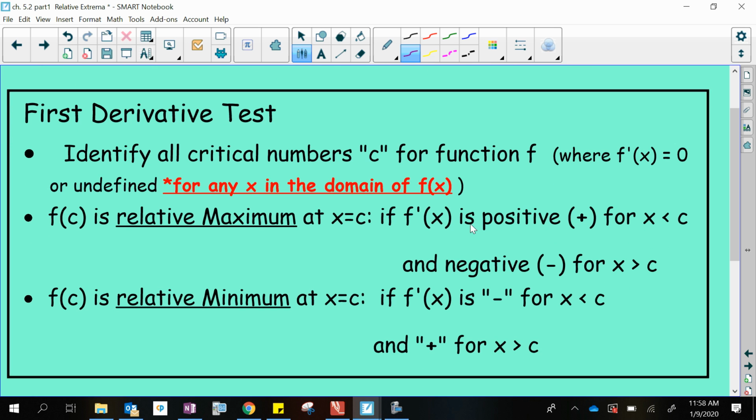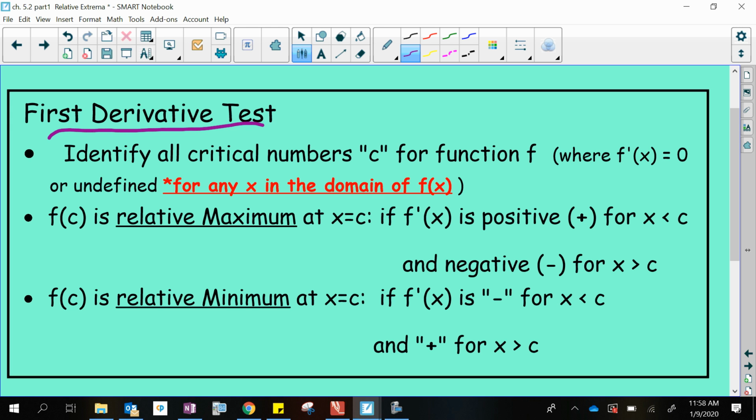Hopefully it might make more sense as we do some examples. So the test we did last class to find out increasing and decreasing is actually called the first derivative test. This is a summary of that. You identify the critical numbers, c, for the function by setting the derivative equal to 0 or finding where it's undefined, for any x in the domain of the function. I'll talk more about this later, so ignore that for now.